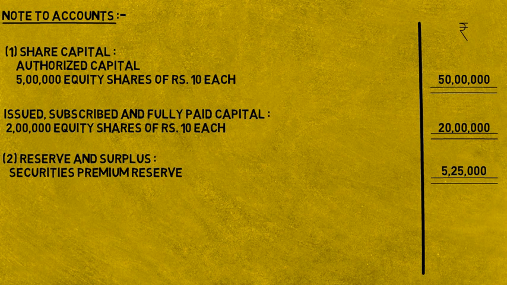Now you must be wondering that in the entries we have written 6 lakh rupees in the securities premium, and here we are writing 5,25,000 rupees. Well, it is because here we have to deduct the amount which we have used for writing off share issue expenses.